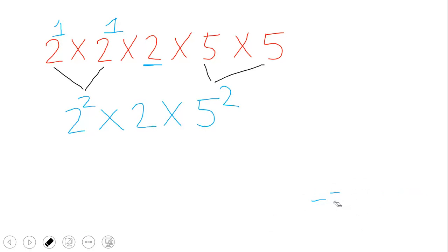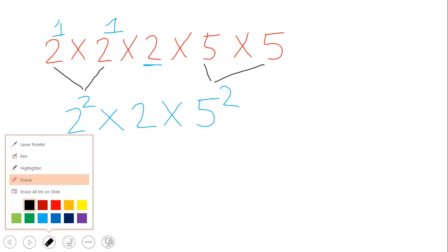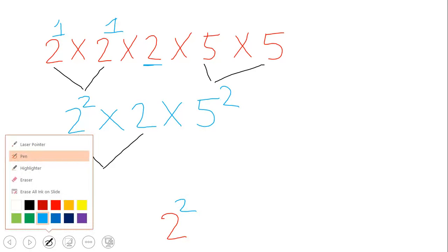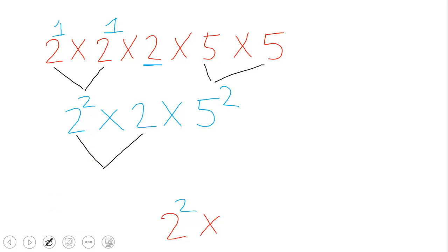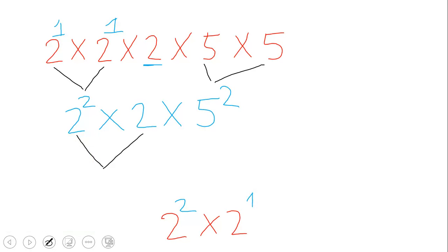We have to deal with the 2s now. Notice that we have here 2 squared and 2. So we have 2 to the power of 2 times 2 to the power of 1.